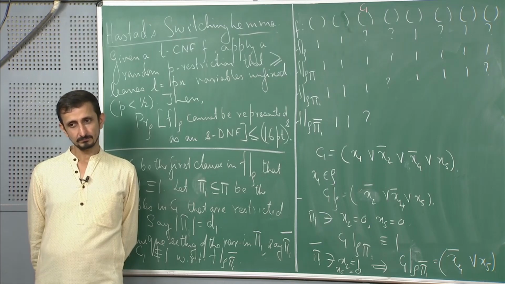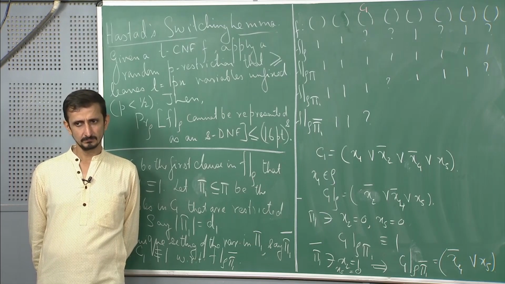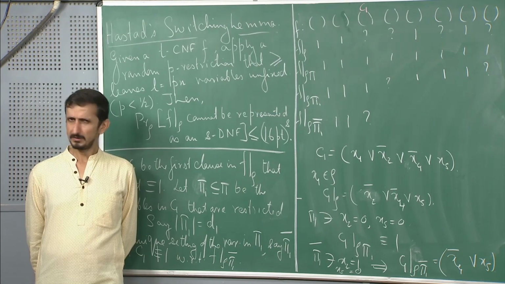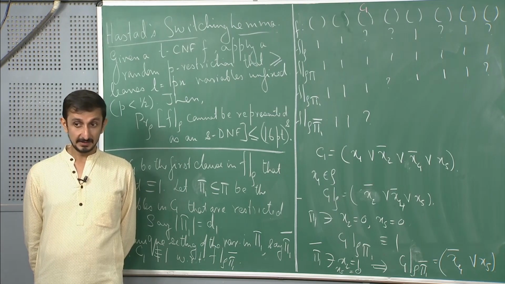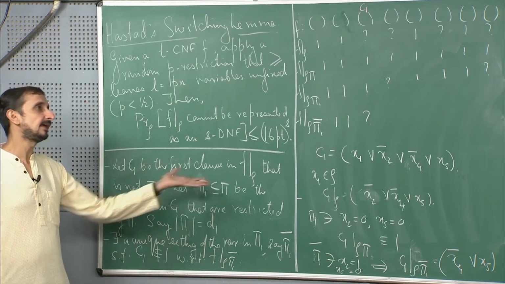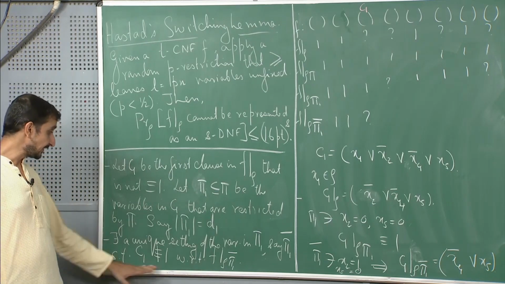If pi 1 is restricting all the variables x2, x4 and x5, then pi 1 bar will also have to restrict all the variables. It will restrict all the variables, yes, but then it will have to get 0. Well, in that case, yes, then it will have to get 0. So, it should not be identically 1.